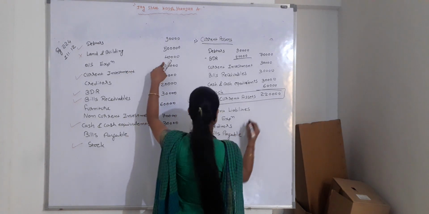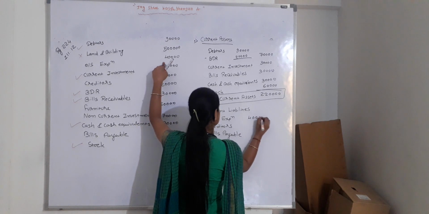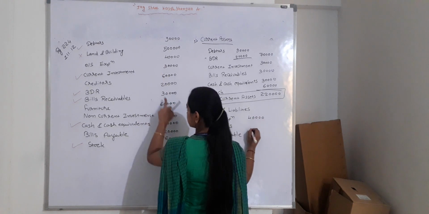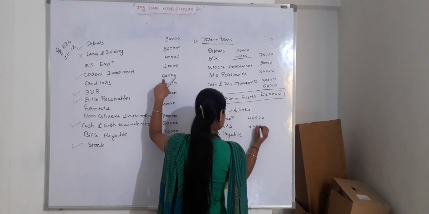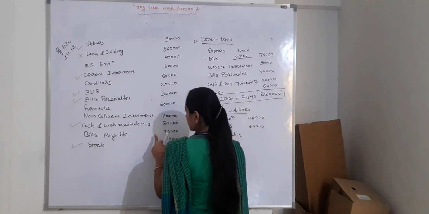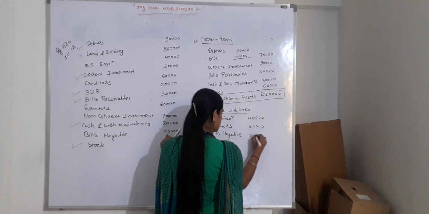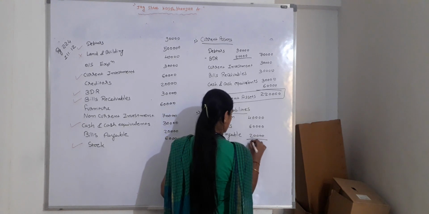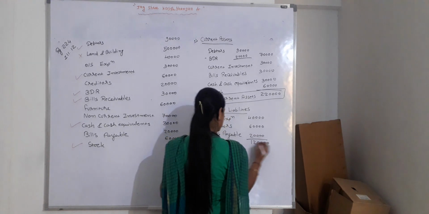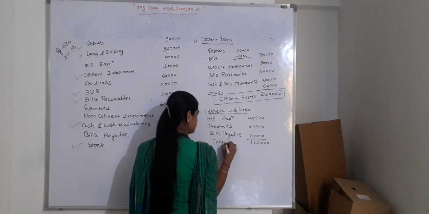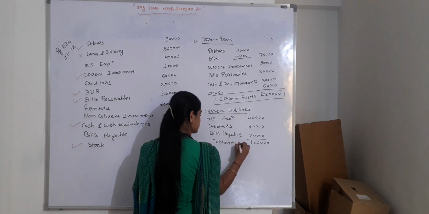Outstanding expenses 40,000, creditors 60,000 and bills payable 20,000. 1,20,000. That is our current liabilities.